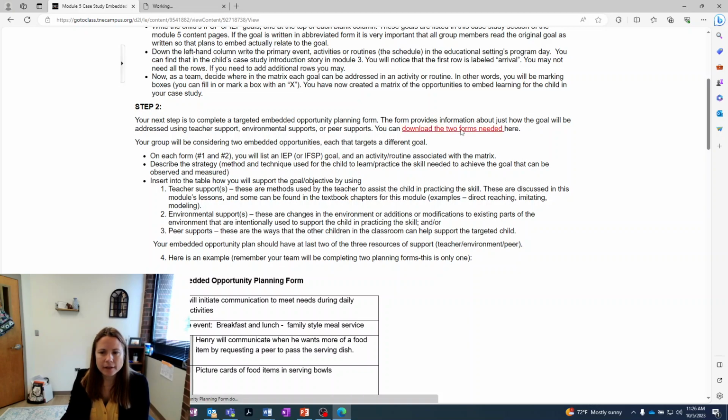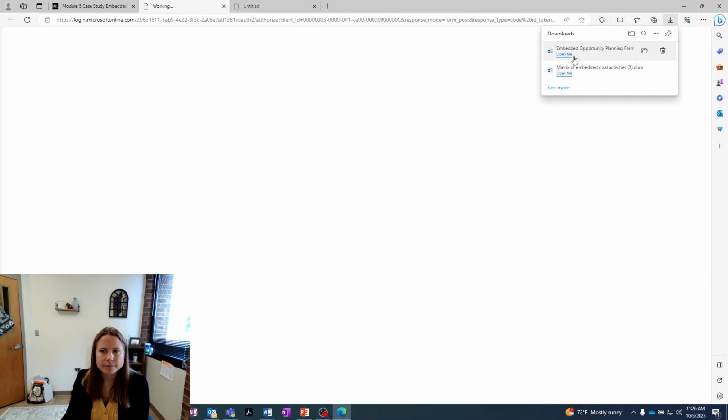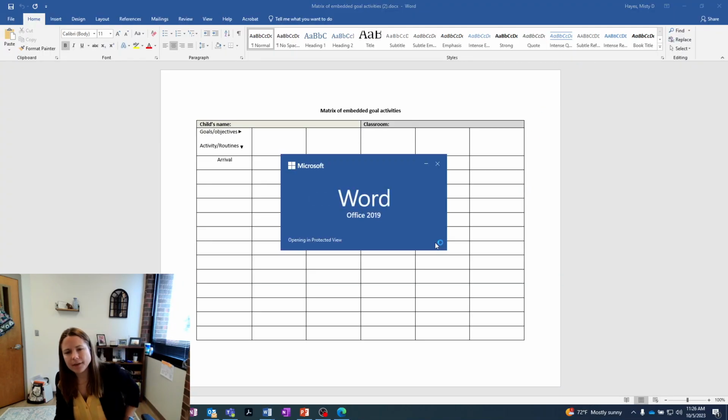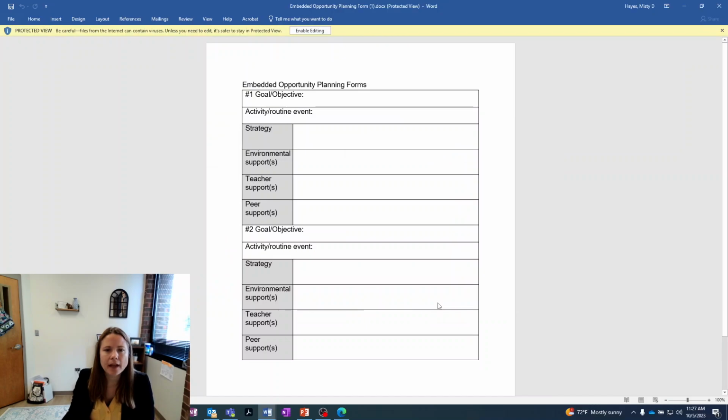So you can click on it and it'll open up in a new document. Okay, so you're going to see the planning form here. So what you're going to do is put one of the goals for the child, the activity, routine, event, and then you're going to put the strategy you're going to put in place.